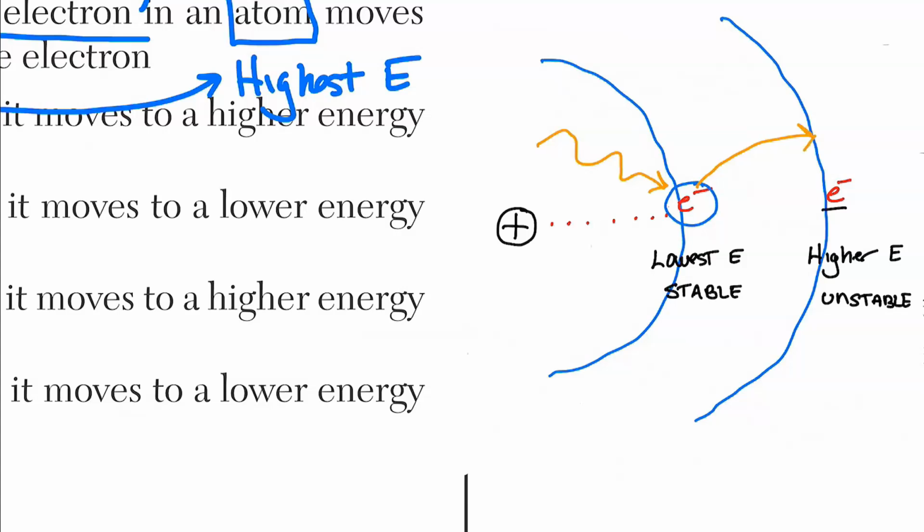Okay, it needs to absorb energy because it's got to overcome this positive. So there was an absorption of energy when you move away. You need energy to move away from the positive, my friend, in chemistry. And then this electron will be excited.